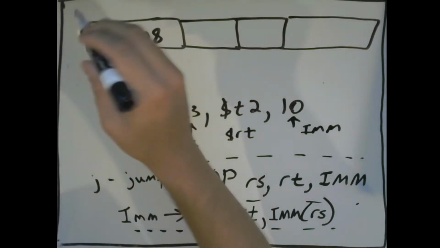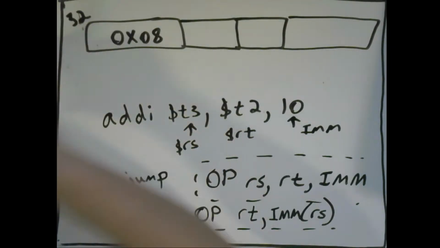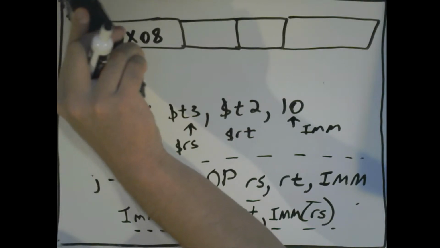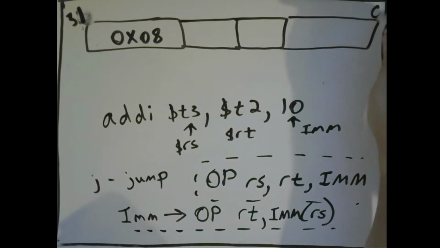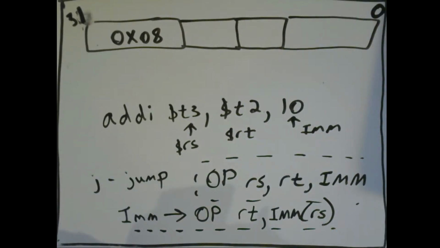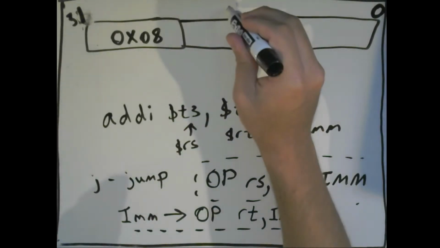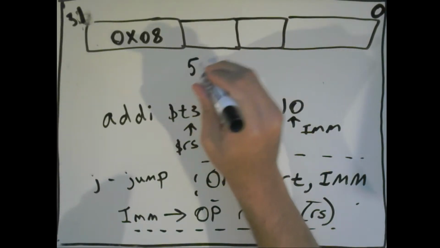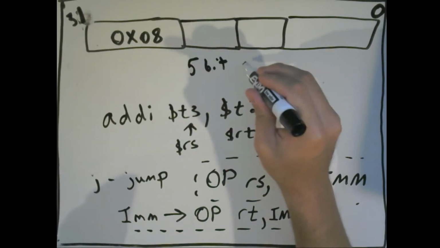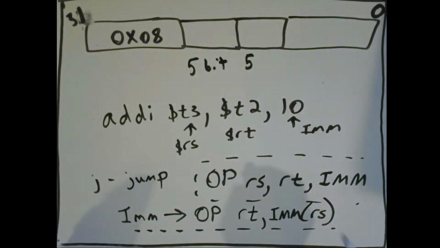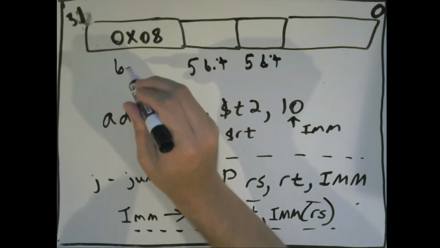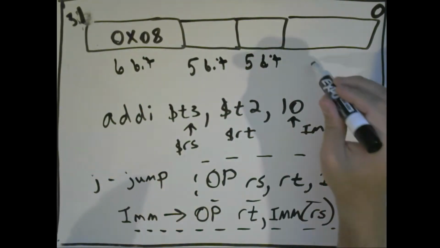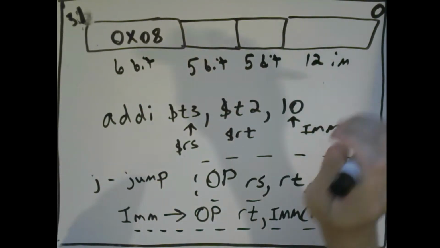And this entire instruction is 32 bits, so this is bit 31 all the way over here, and this is bit 0. Each of these registers takes up 5 bits, because MIPS has 32 registers, so 2 to the power of 5 is 32. 6 bits for the opcode, and we have 12 for the immediate.